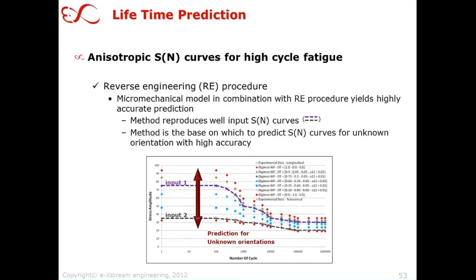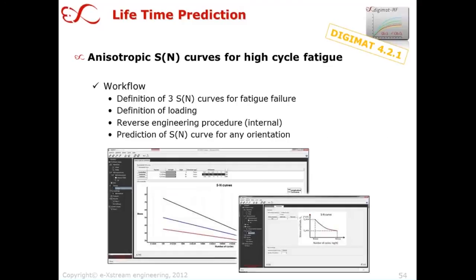So in this picture here, it would be the violet and the gray curve, so input 1, input 2. And based on that, you parameterize your material model, and then you can predict SN curves for any unknown fiber orientation. And this can be done with very high accuracy, and it's implemented in the software.